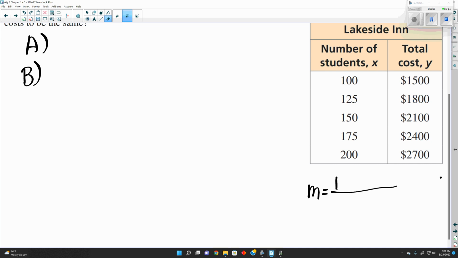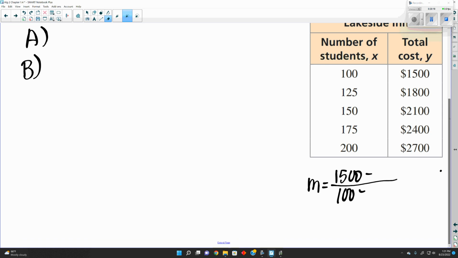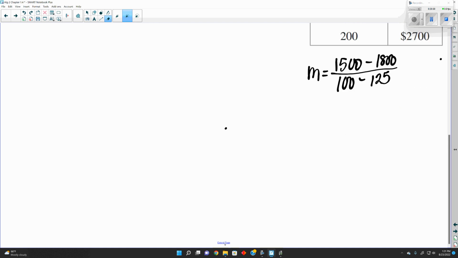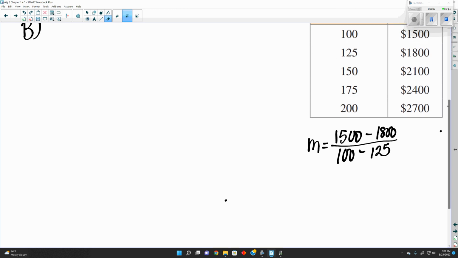So we could do 1500, because that's the y value, over 100, minus, because it's y2 minus y1 over x2 minus x1. Whenever we find the slope, we just need to pick two of these sets of points.